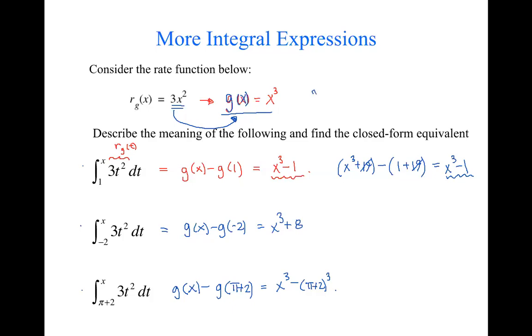This is typically called finding an antiderivative. Finding this formula whose derivative we know is finding an antiderivative for this 3x squared, for this rate function.